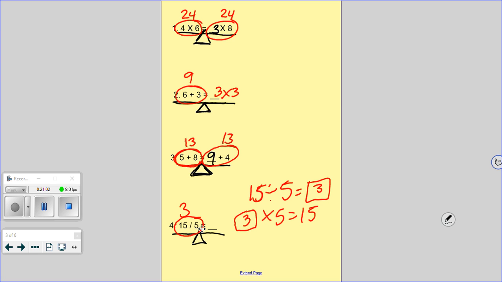Is 5 times 3 going to be worth 3? So if I have 15 divided by 5, which we know is 3, and then I have 5 times 3, 1, 2, 3, 4, 5, is that going to be equal? No. What could go on my other side?